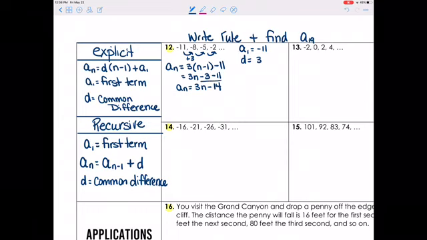So that would be the explicit rule. To find the 19th term, we want to plug in 19 for n. Which gives us 43 for the 19th term in that sequence.